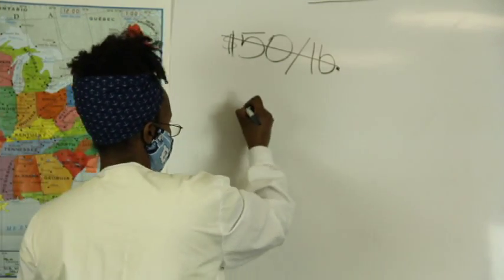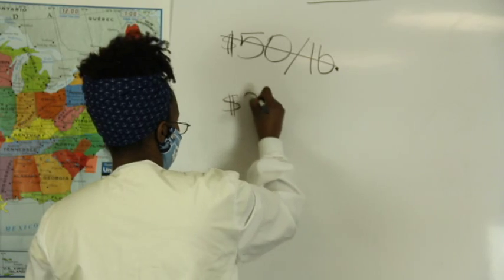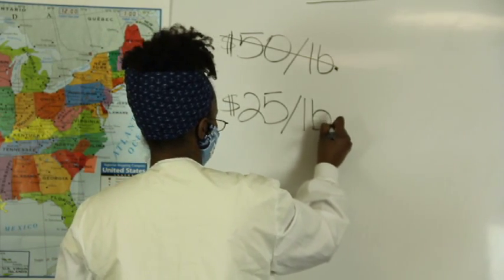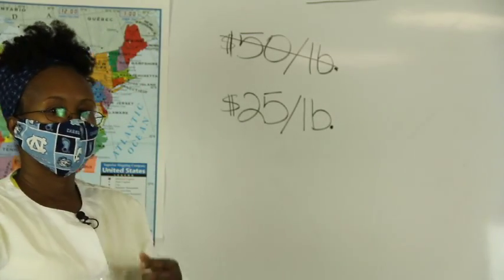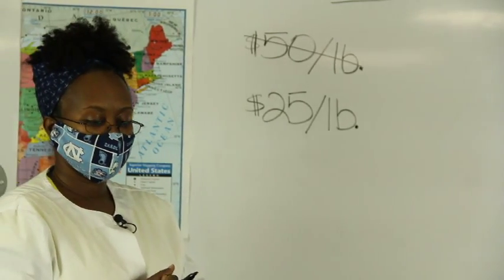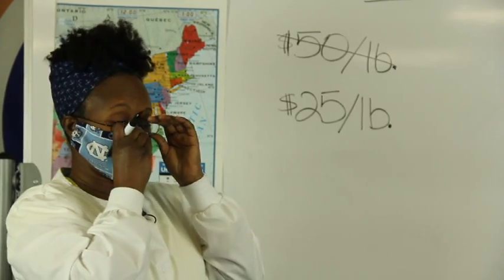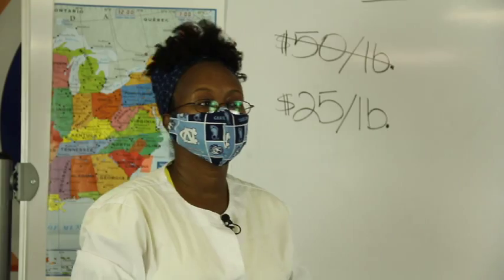So then they said, maybe we should try $25 a pound. What do you think locals are going to say? Now, I think they'll still try and get their own. They may go and try and catch their own.